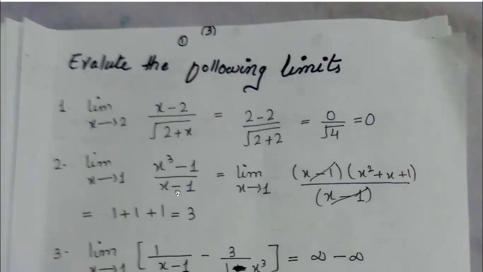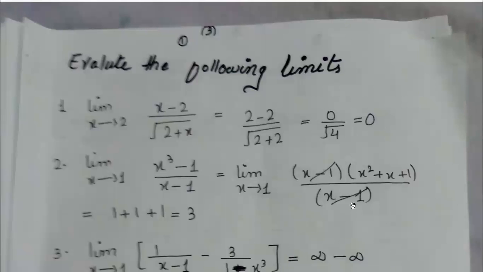Whenever we get this type of indeterminate form, we need to try further work out on this problem. Now, what further work out? It means you take factors of x cube minus 1. What are the factors of x cube minus 1? (x minus 1) and (x squared plus x plus 1), divided by (x minus 1). This is the same factorization as a cube minus b cube, where a is x and b is 1.